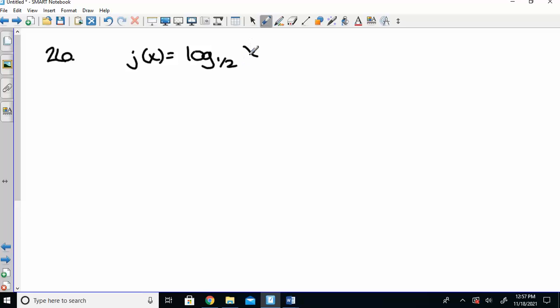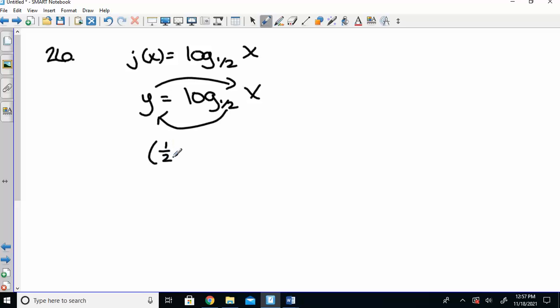So we had j of x equals log base 1/2 of x. So this is like y equals log base 1/2 of x. So what we could do is change it to an exponential. So it is 1/2 to the y power equals x. So when you make your t-chart, what would you plug in your numbers for?